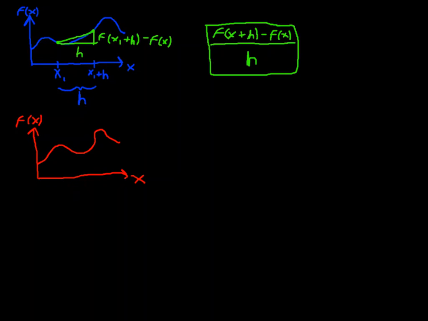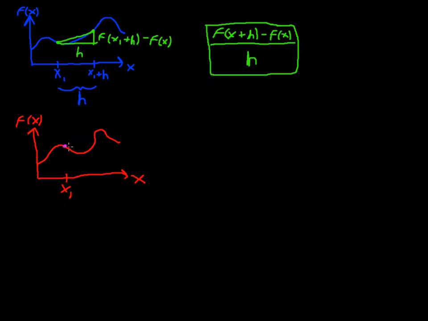And now I will label my new x1 right around here. So what I want to do with this is I want to find the instantaneous rate of change at x1. So here's x1 on the graph, x1 comma f of x1.